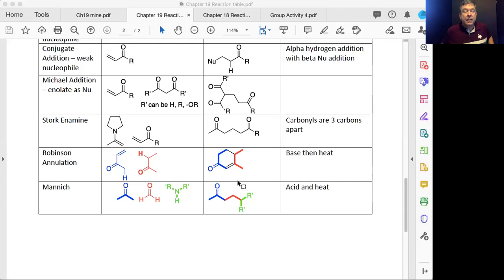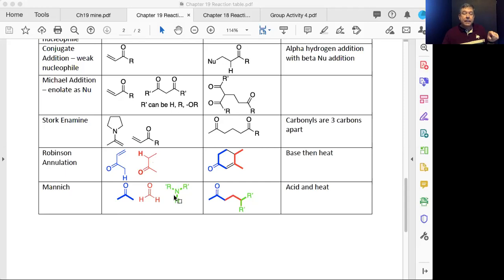Okay. All right, and then our last reaction here is what we call the Mannich reaction. The Mannich reaction is unique in that we end up adding a CH2 and an amine to our ketone. We do it in a stepwise fashion because we add an aldehyde to a secondary amine, creating our intermediate iminium anion.